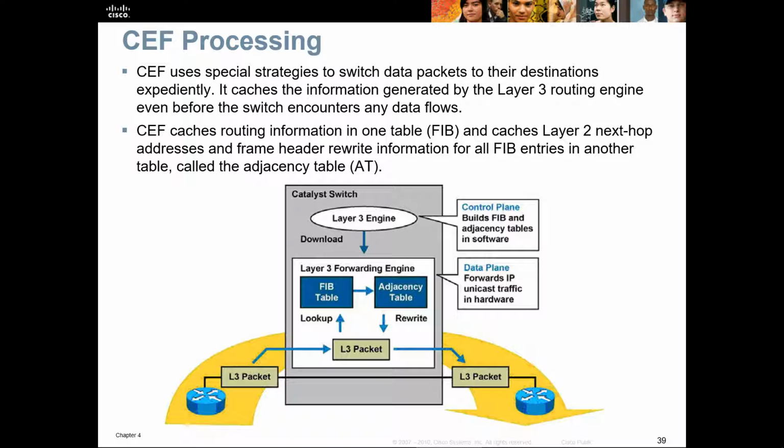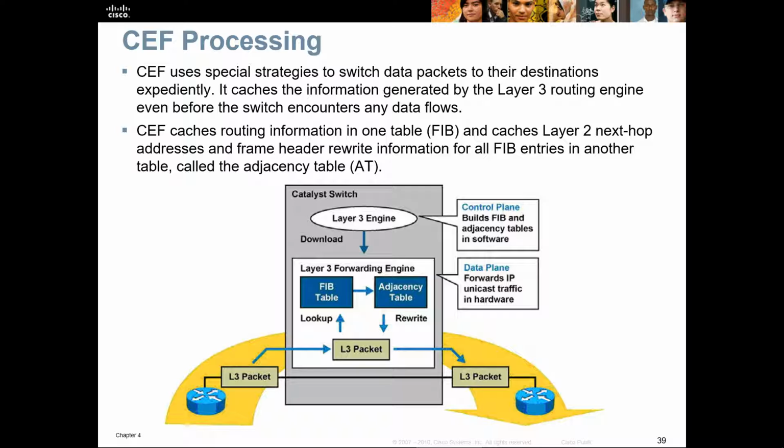Here we talk about our CEF processing. Remember, CEF uses specialized strategies to switch data packets to their destination explicitly. It caches the information generated by the Layer 3 routing engine even before the switch encounters any of the data flow.